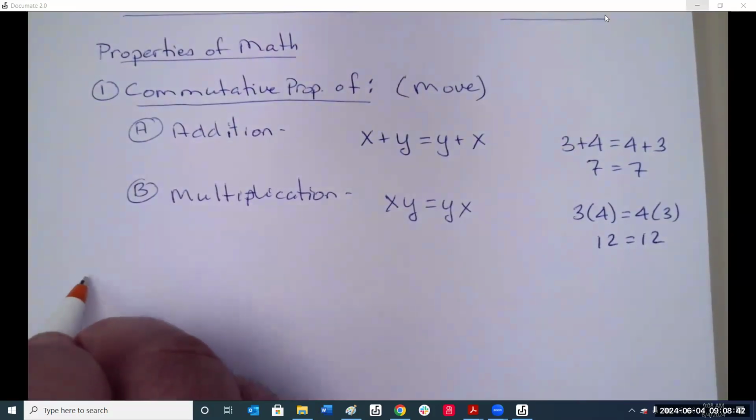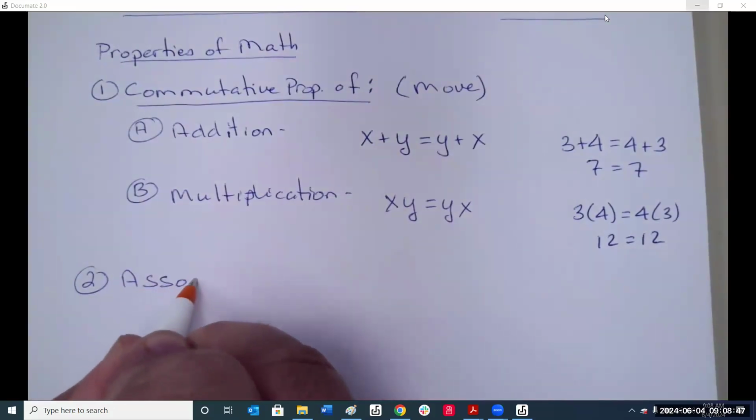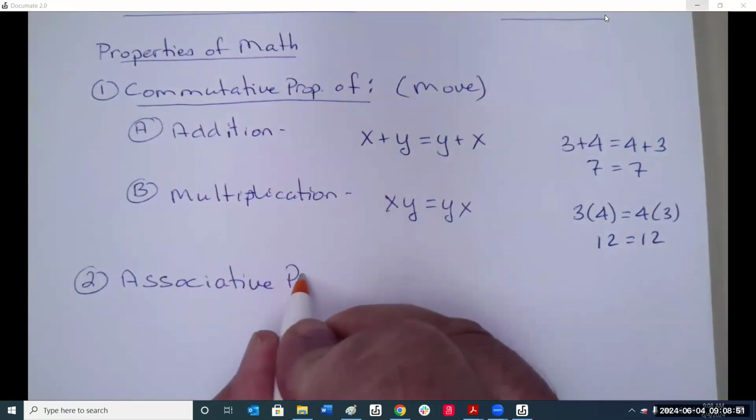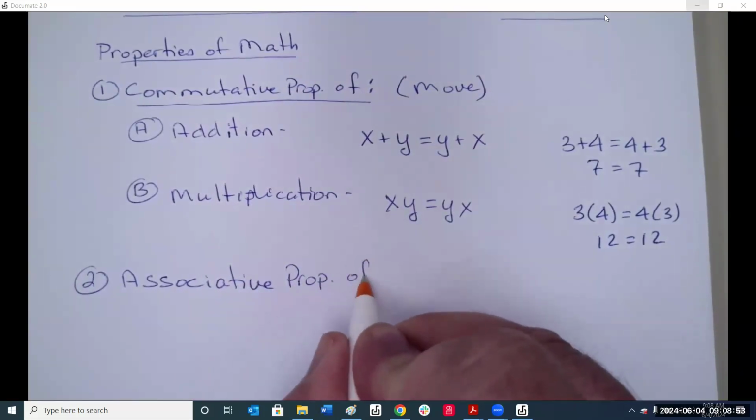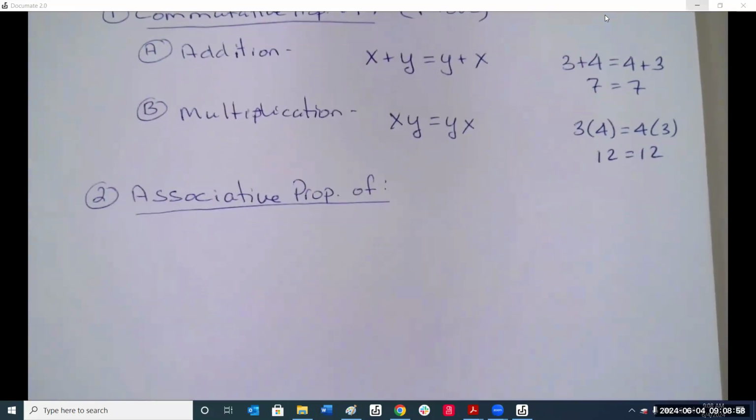The second property is the associative property of: What does it mean to associate?